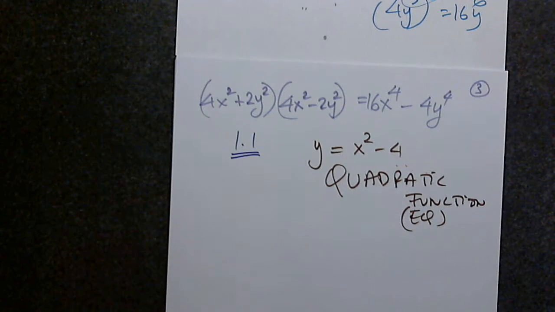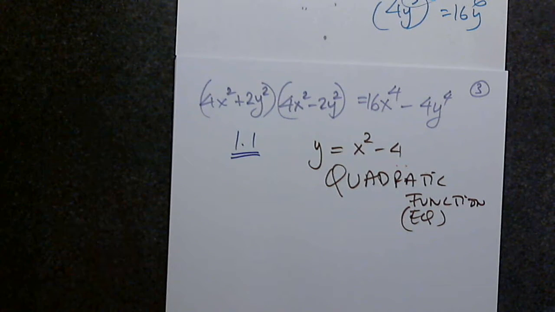What does it look like? Does anyone remember what is the graph of a quadratic function? Isn't it like a slope or a line? Careful. That is linear. We're talking about quadratic. Parabola. Correct. It's a parabola. So x squared is a parabola, and then x squared minus 4 will be pulled down.